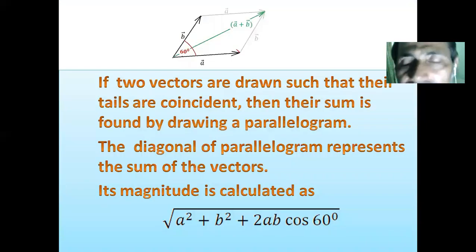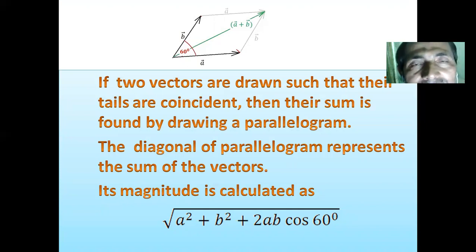Now let's take these two vectors A and B. The vectors A and B are drawn such that their tails are coincident. If the two vectors are drawn with their tails coincident, then their sum is found by drawing the parallelogram.